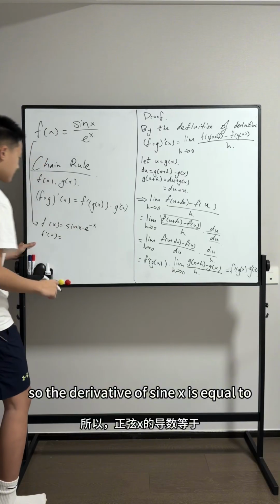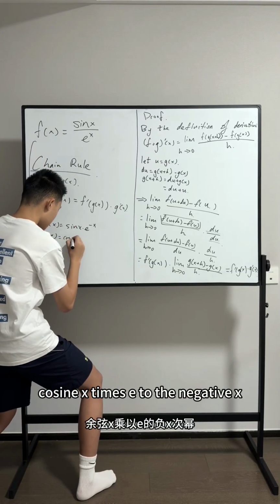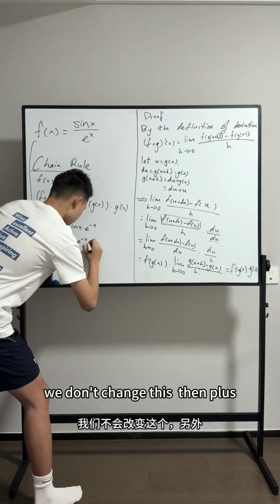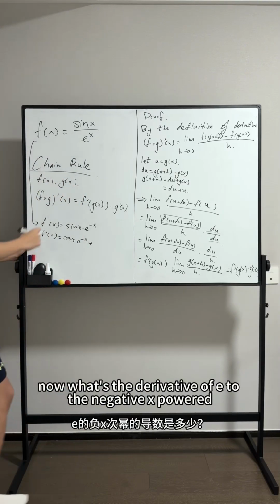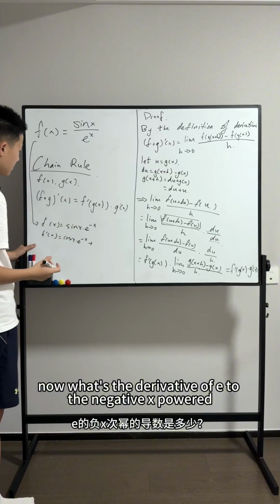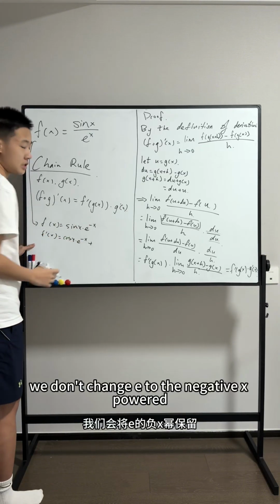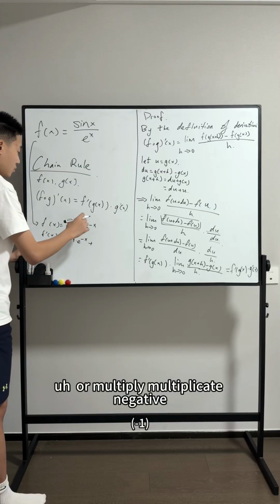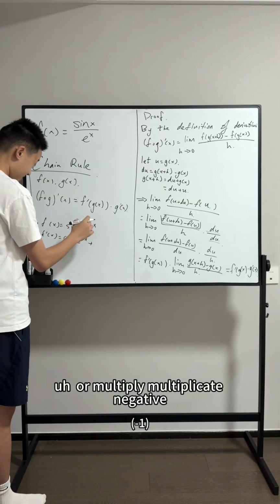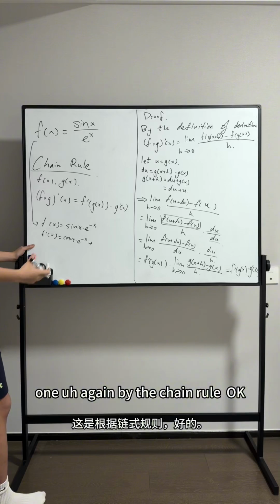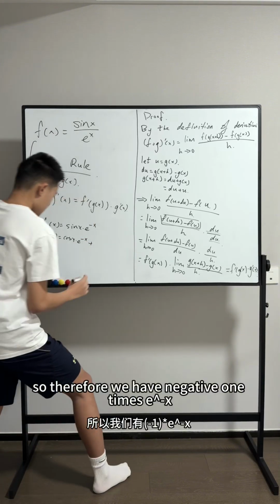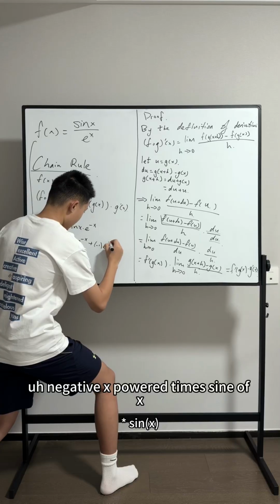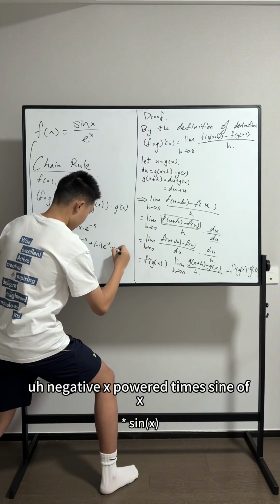So the derivative of sine of x is equal to cosine of x times e to the negative x. We don't change this. Then plus, so now what's the derivative of e to the negative x powered? So first of all, we don't change e to the negative x powered. Then we are going to multiply negative 1 again by the chain rule. Okay, so therefore we have negative 1 times e to the negative x powered times sine of x.